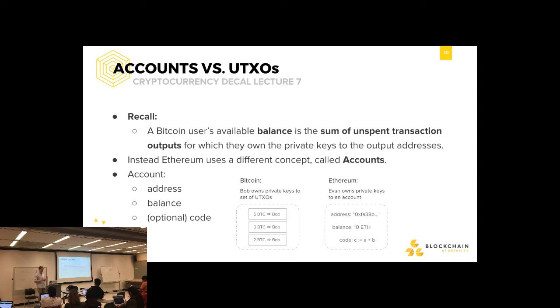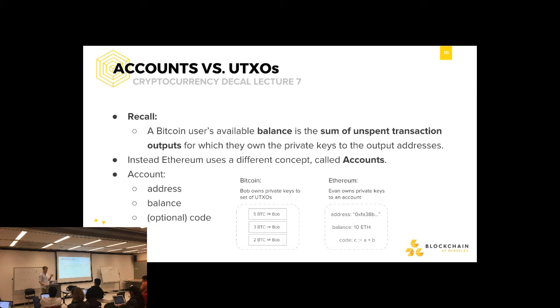This is contrasted with Bitcoin, where there are no necessarily accounts, where I as an entity own a set of UTXOs, or the private keys to the addresses of the outputs of some UTXOs. And that defines the amount of Bitcoin that I hold. Whereas in Ethereum, you have an account that defines how much Ether you hold.